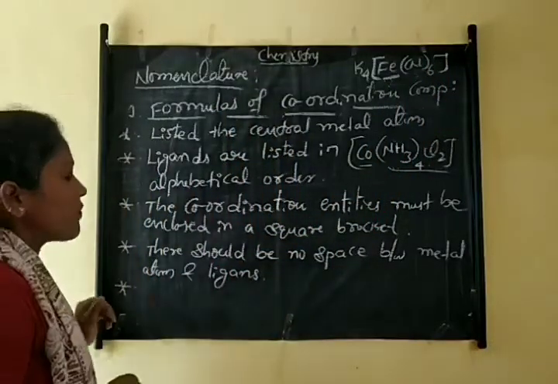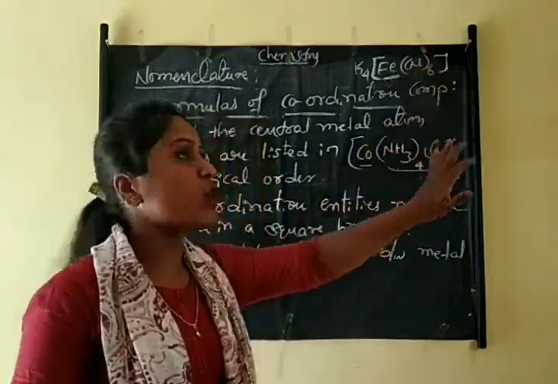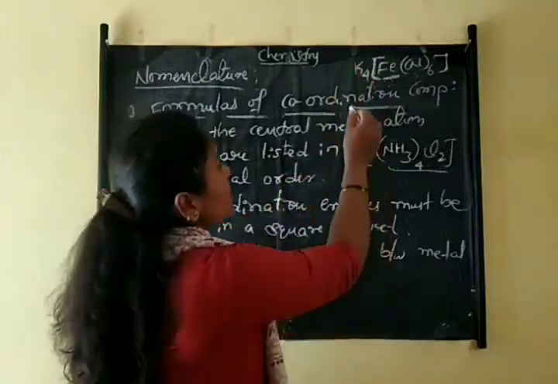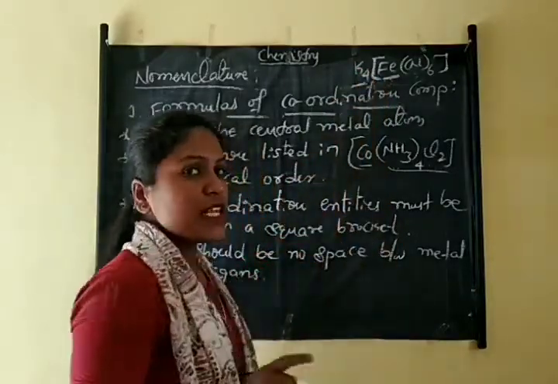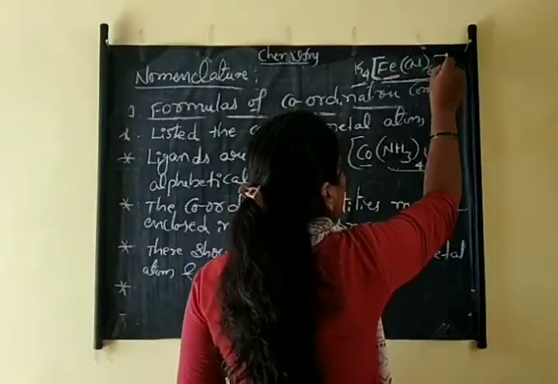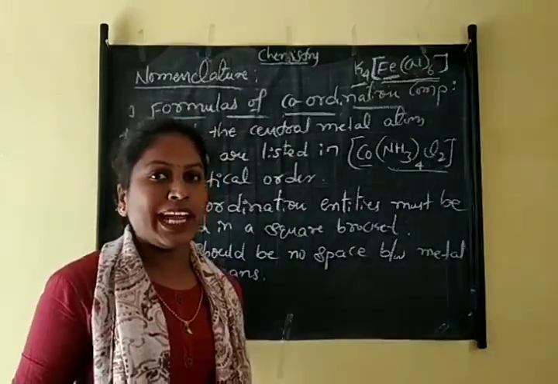Next, the fifth rule is, if the coordination entity is written without the counter ion. In the previous video we already saw that K4 is the counter ion, and the part inside the square bracket is the coordination sphere, also called the coordination entity.